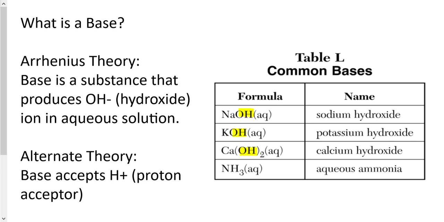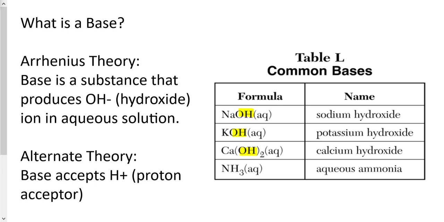So let me review Arrhenius theory first. According to Arrhenius theory, acids produce hydronium ion and bases are going to produce hydroxide ion. The alternate theory, which is Bronsted-Lowry theory, says acids are proton donors and bases are proton acceptors.